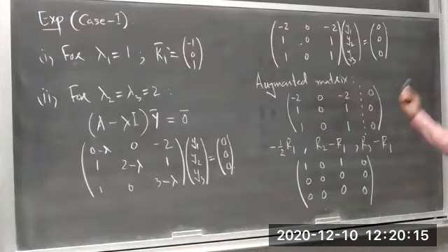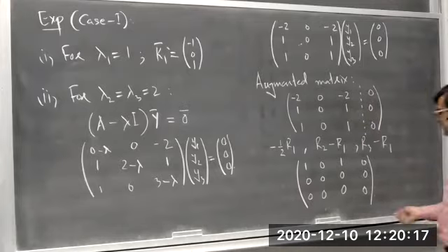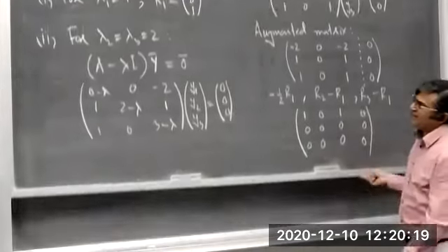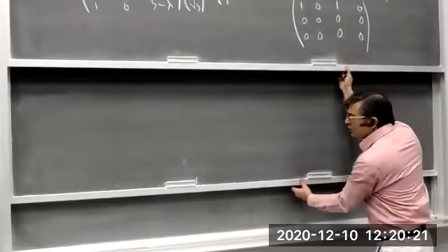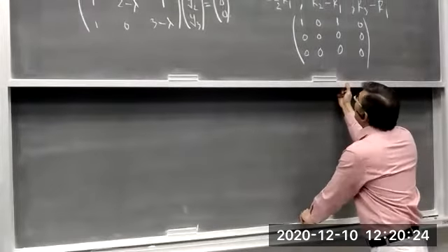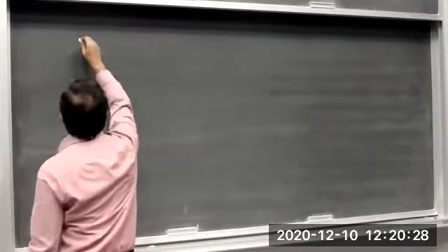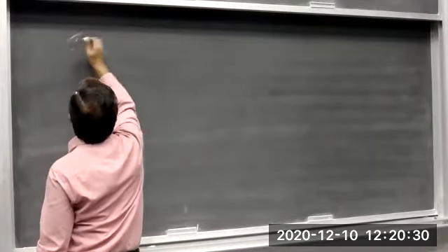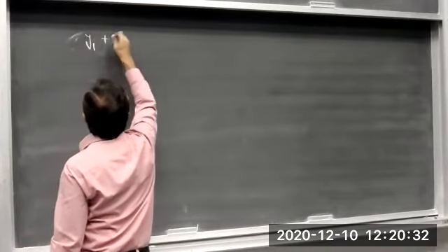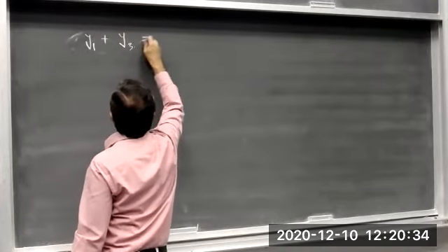Now we can write back the linear system from this augmented matrix in order to solve this system. If we write back the linear system, what would we obtain? We obtain y1 plus y3 is equal to 0.